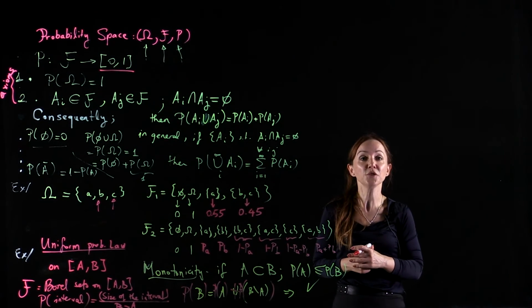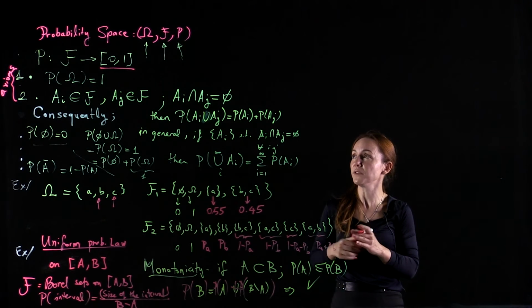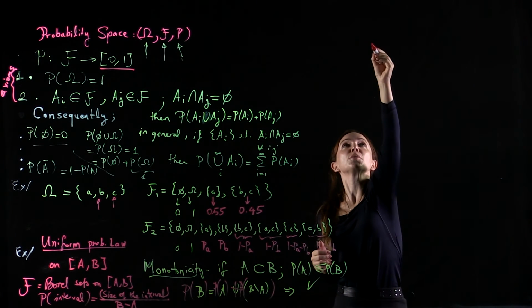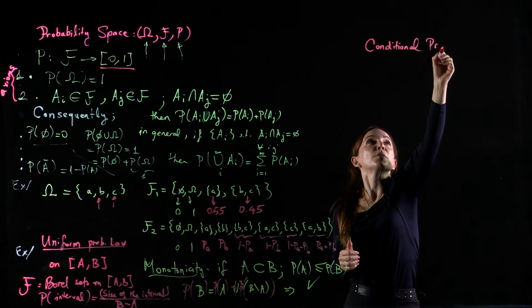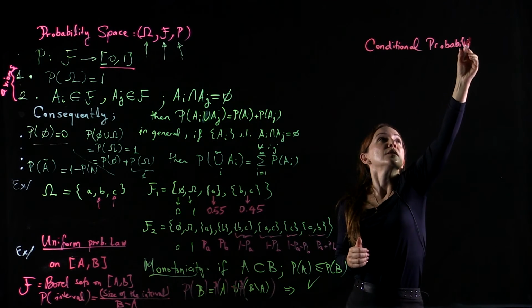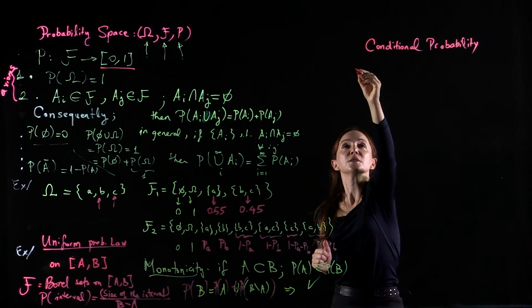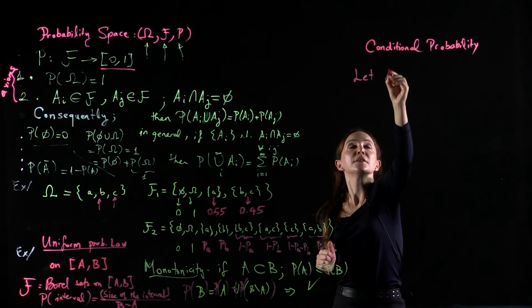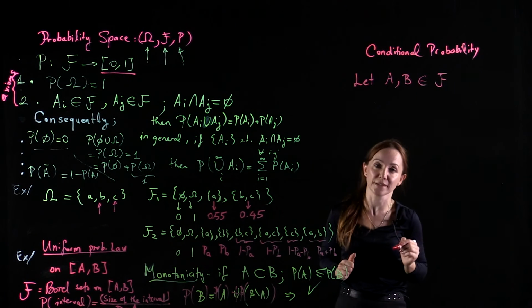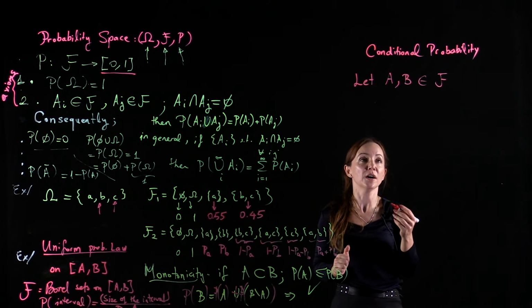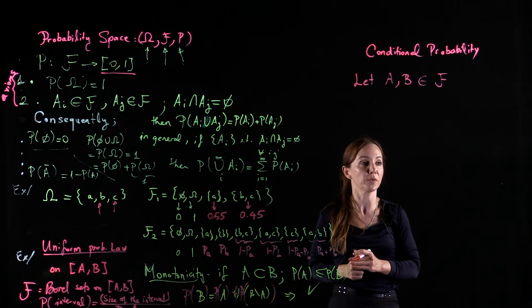Now I will introduce something that is closely related to the definition of probability, which is conditional probability. Suppose we have events A and B from the same probability space. Obviously then they come from the same sigma algebra.